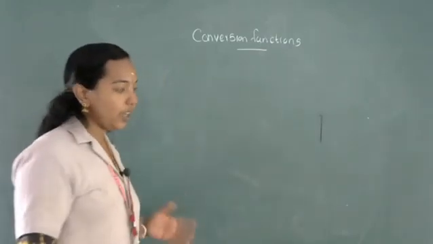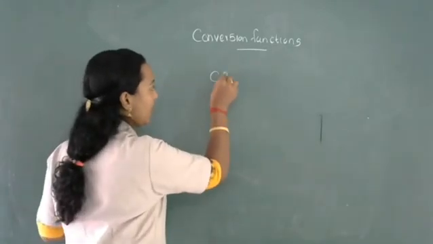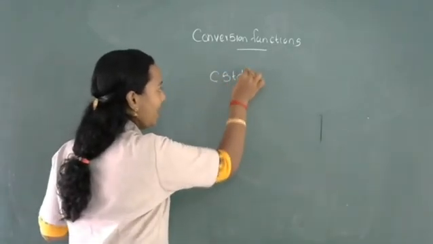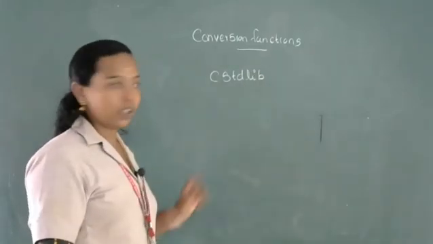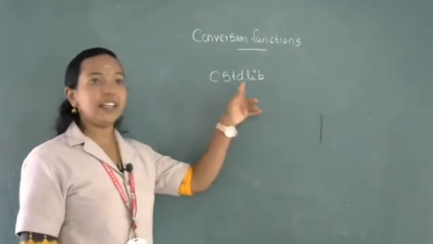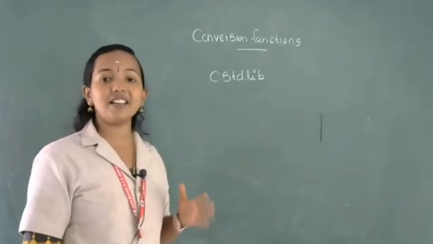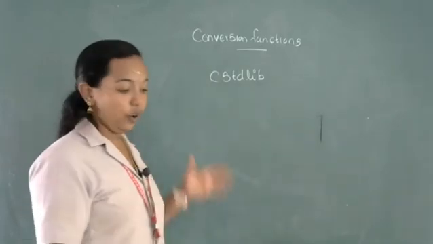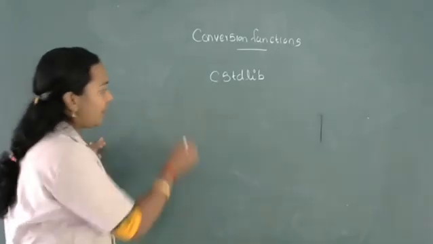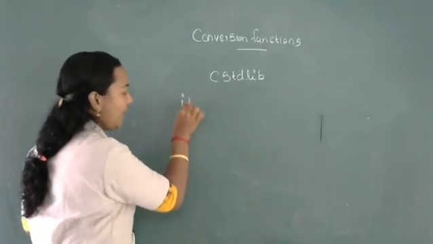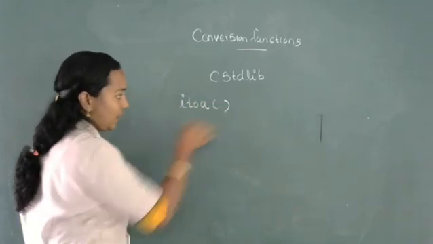For including conversion functions we are using a special header file called cstdlib, that means the standard library. The first conversion function is itoa.